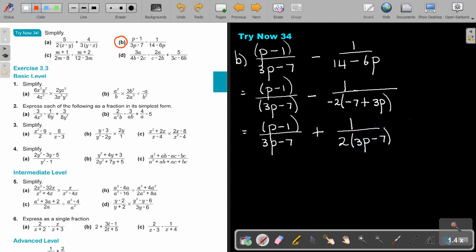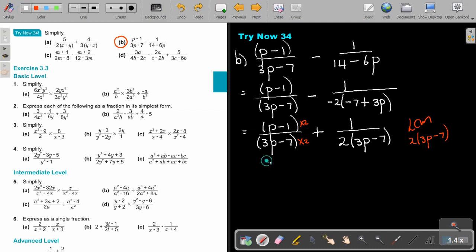So what is your LCM? Don't forget your bracket there. Your LCM is going to be 2 times 3P minus 7. So I times 2, I times 2. That is already everything in order.